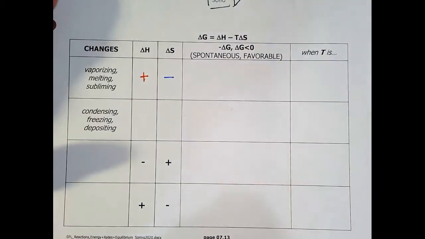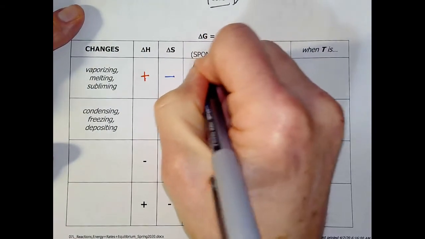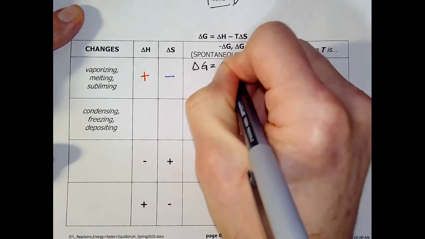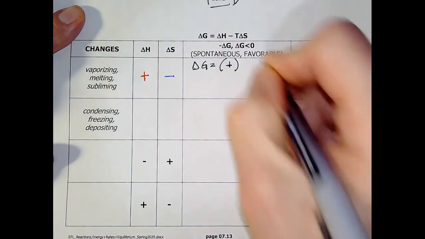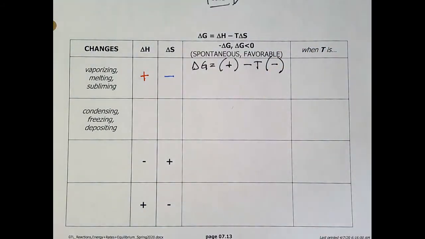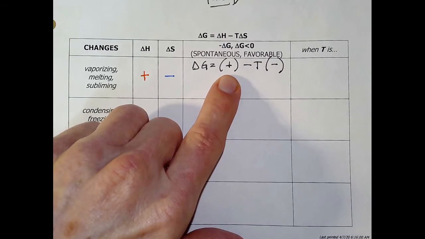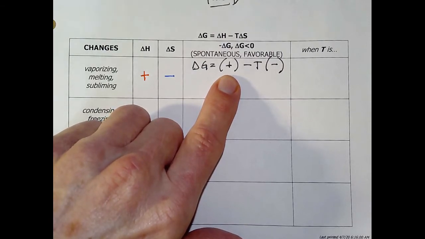So if I think about my delta G now equals some positive value minus T times some negative value. Well, that's no good. We don't want that positive thing to be dominant. That makes delta G a positive number.